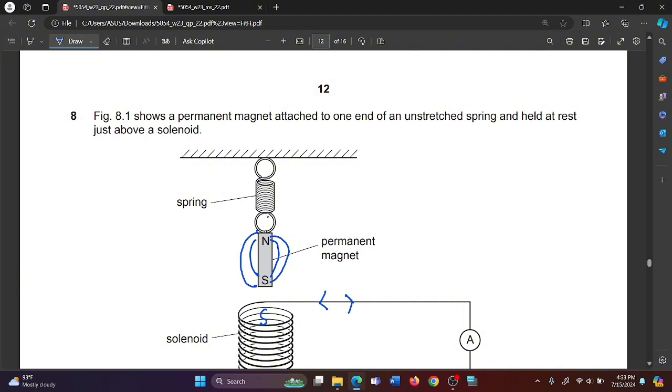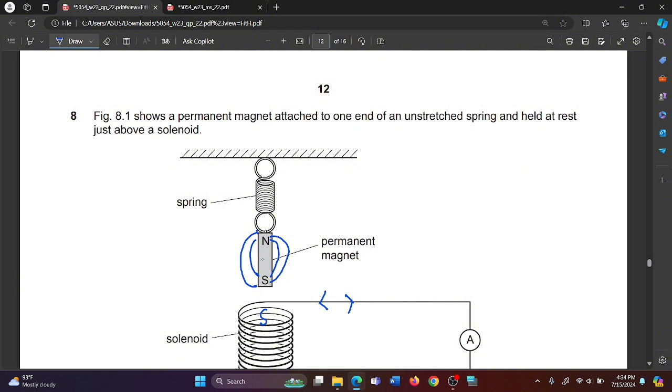One more thing: as the magnet is oscillating, it is accelerating and decelerating. When the magnet is at its lowest point, it has zero velocity, and at its midpoint it has maximum speed, which means it decelerated to zero speed and accelerated to its maximum speed.